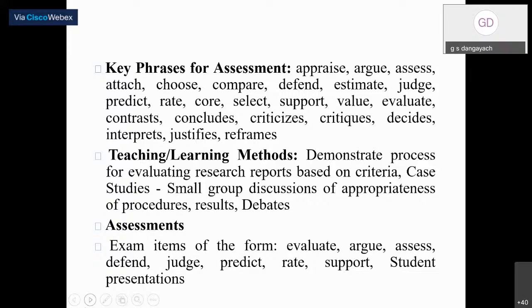This method we can use as a case study or a small group discussion. For assessment, maybe evaluate, argue, assess, defend, judge, predict, rate. These are different words again. We can assess by these.